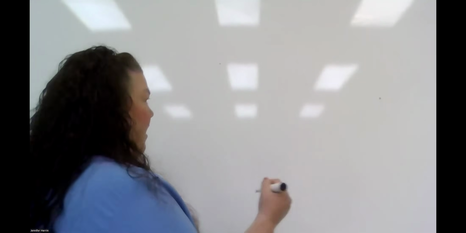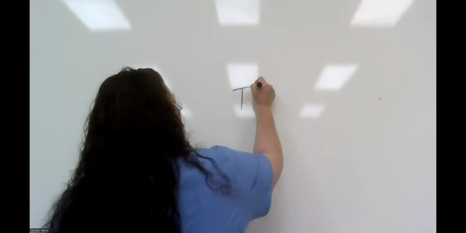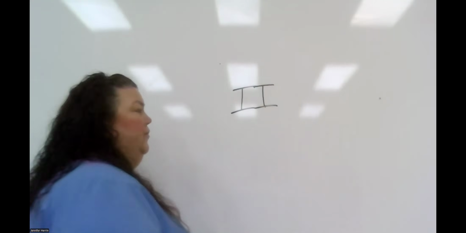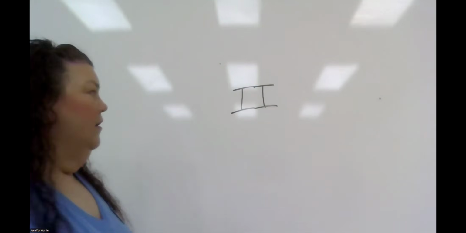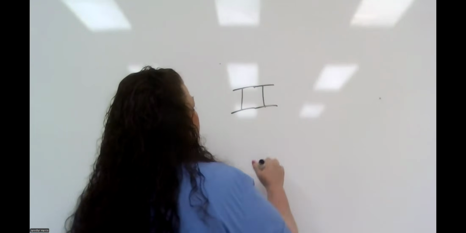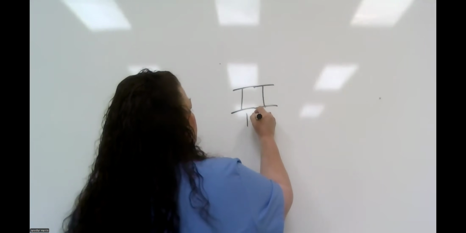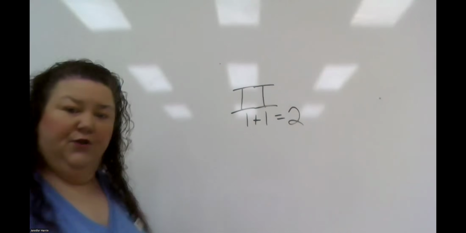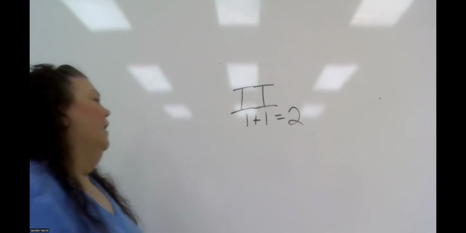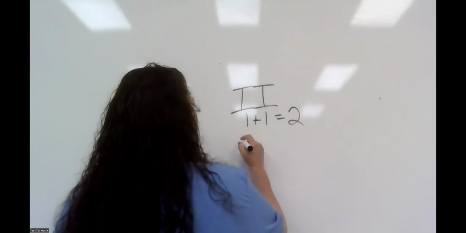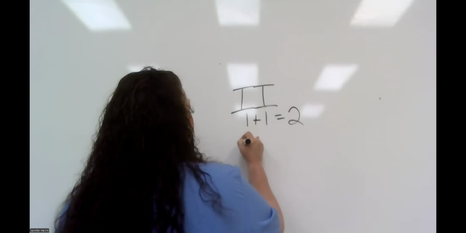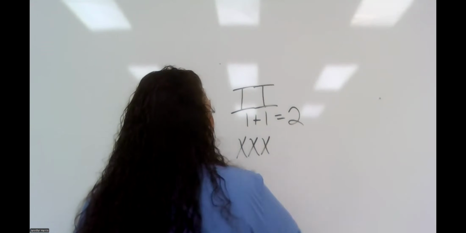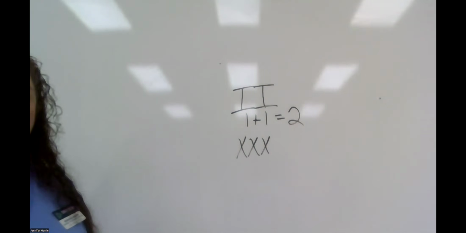So if I have two capital I's together, right? These are the same. So it literally becomes like 1 plus 1. So this equals 2, right? If we did it with the X's, right?